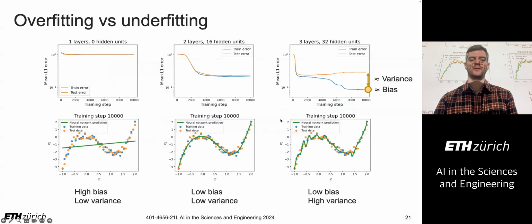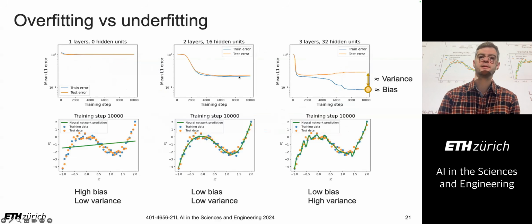So if I go back to these three models again, the model on the left has high bias and low variance. Again, you could think of sampling lots of different training data sets from this curve, and the linear model is always going to fit in the same place, more or less. So it's going to have low variance but high bias. This model has low bias and high variance.